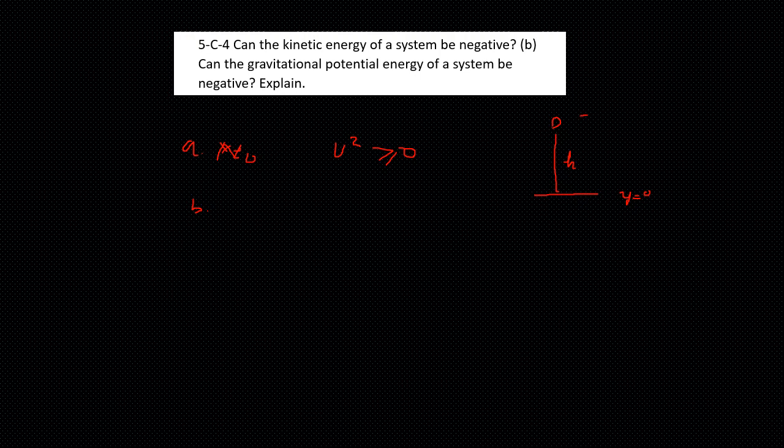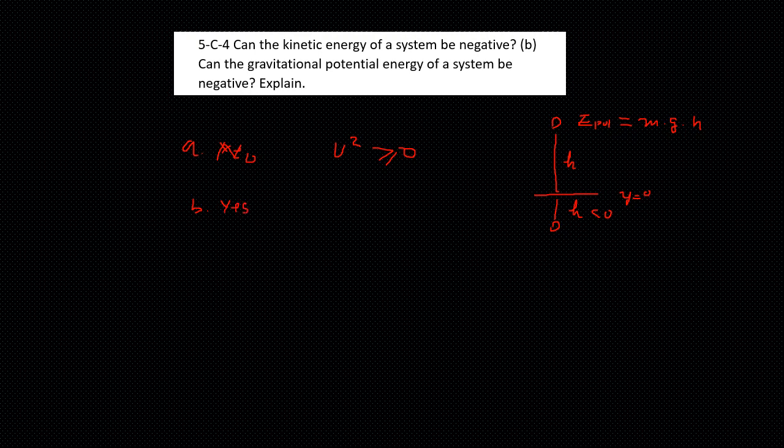That potential energy is calculated as the mass times gravity, which is the gravitational force, times the distance you push it up. So that's positive. Now if it's below the 0 you choose, relative to this point it is negative. So potential energy can be negative. Yes, it can be negative, depending on where you choose the 0 point.